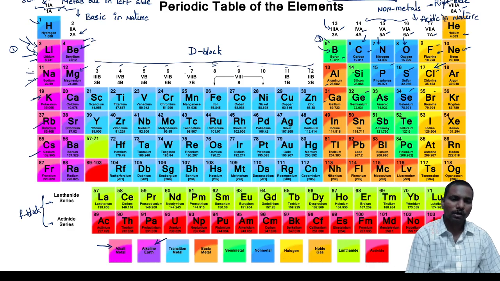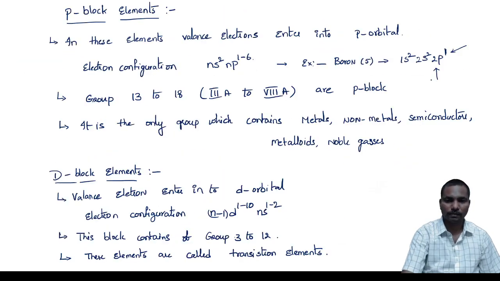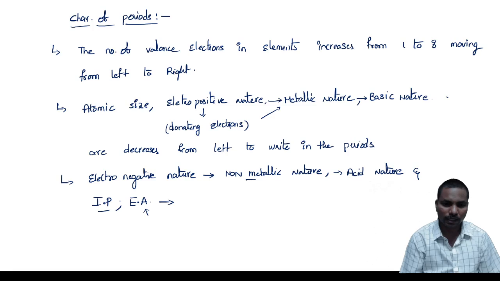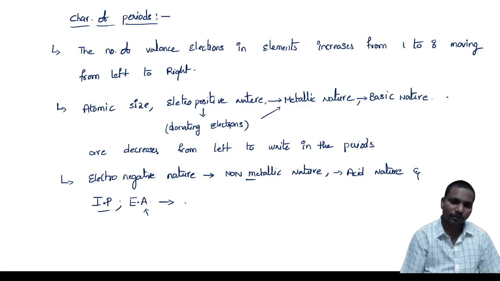So it also increases from left to right. If I note down that point, it is the same. So electronegative nature, non-metallic nature, acidic nature, ionization potential, and electron affinity all increase from left to right.